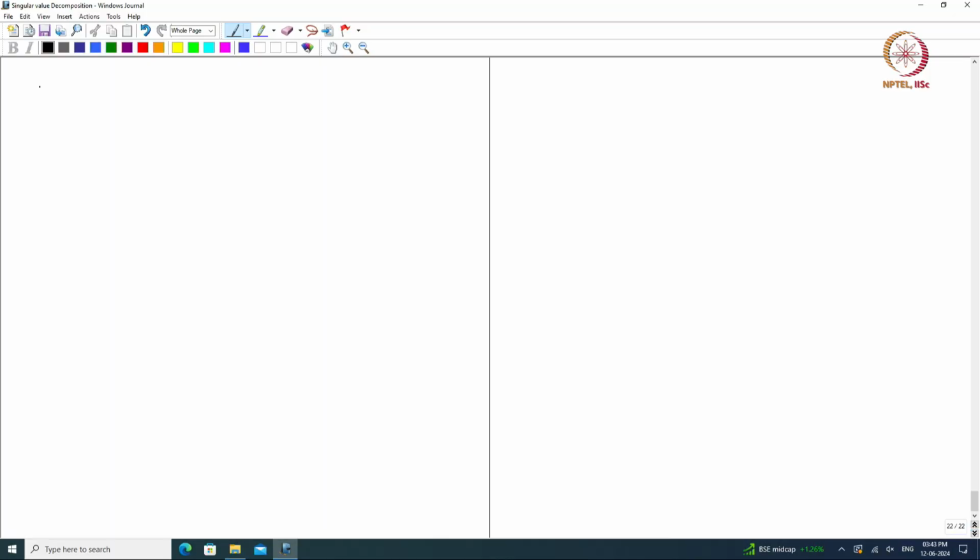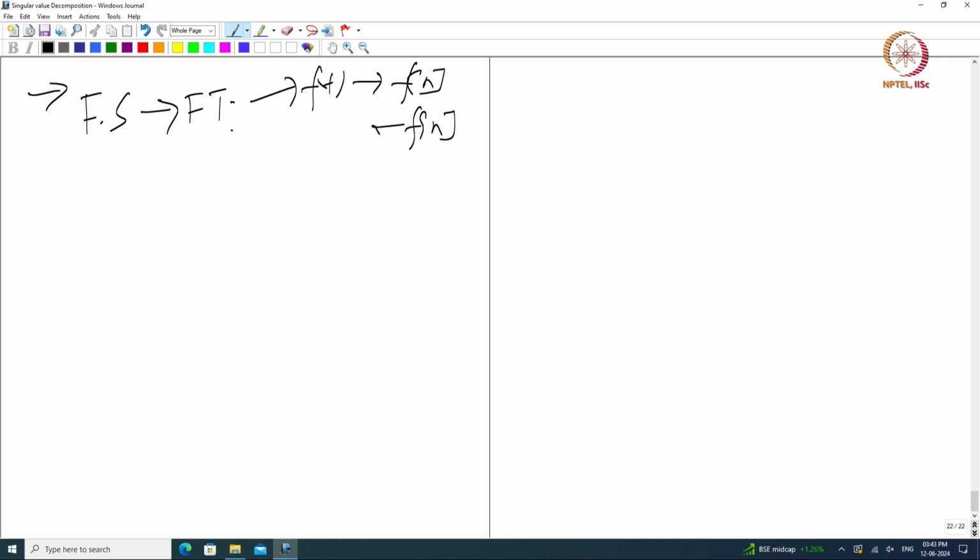So, this is in some sense the summary of this session, where we looked at Fourier series, we looked at Fourier transform, we looked at functions and their discrete version and their finite version.